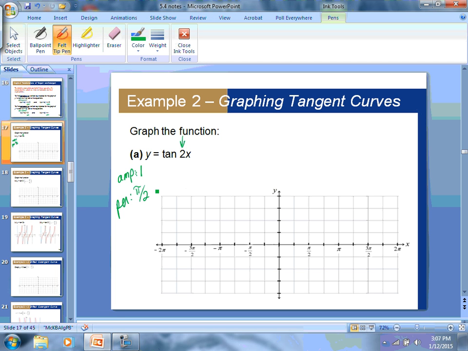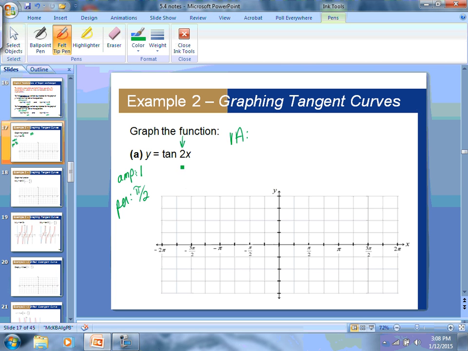So pi over 2. Every pi over 2, I'm going to get a new tangent curve. Now, the other thing I have to figure out is where my phase shifts are going to be. The phase shift concept for sine and cosine, we're going to think of now as vertical asymptotes for tangent and cotangent.